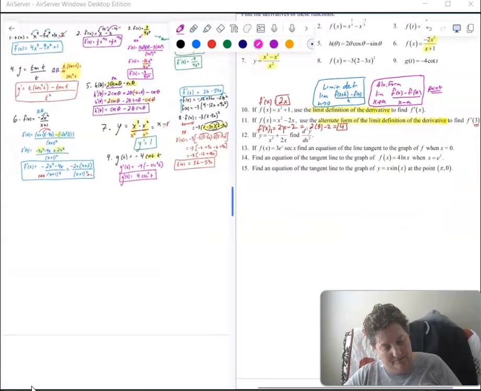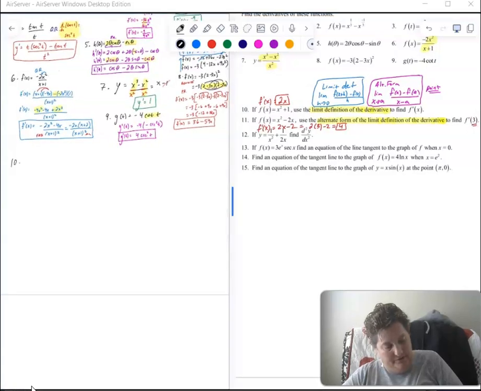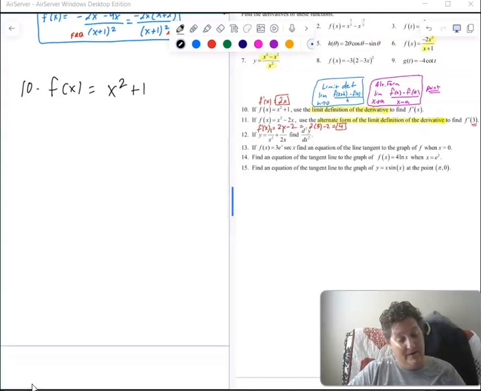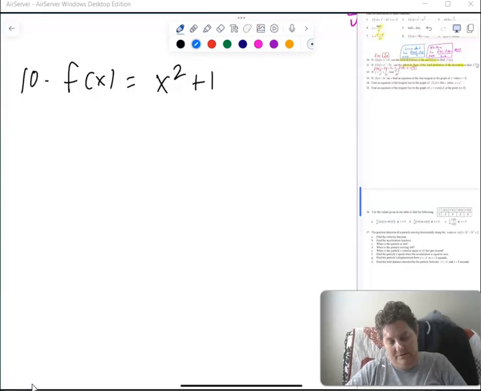All right, so for number 10, we're finding the derivative of this the super long way, which is very exciting. The super long way is this.